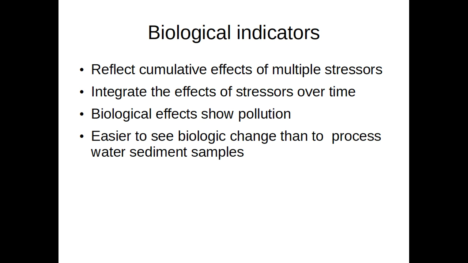Biological indicators reflect the cumulative effects of multiple stressors. They integrate the effects of stressors over time. They are a great way to assess the health of your wetland. They show pollution, and they are easier to measure than processing sediment samples.